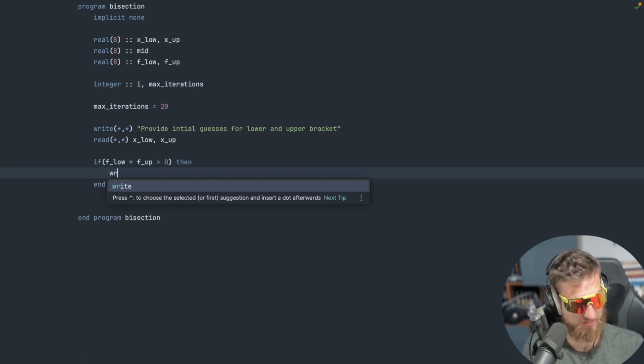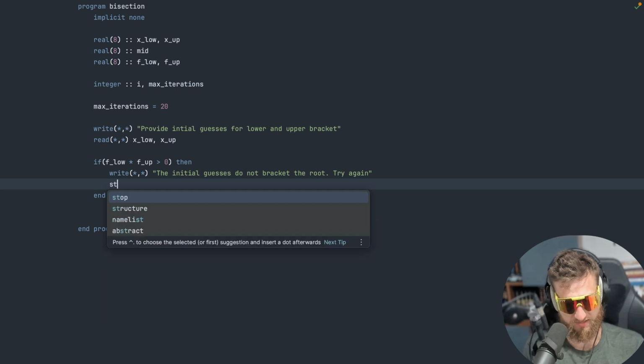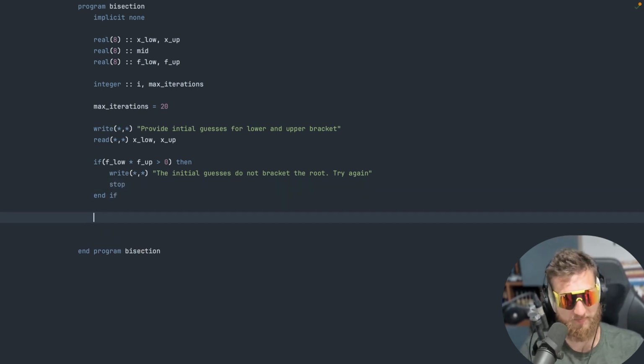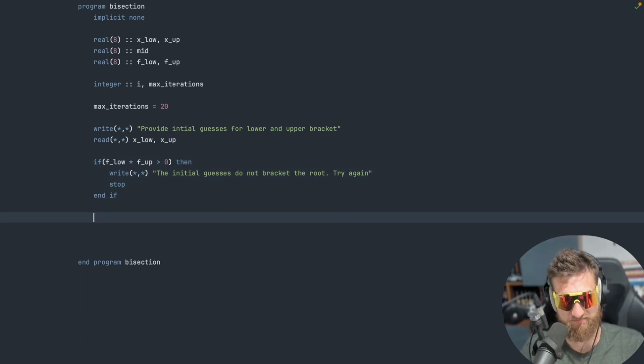So we need to write: the initial guesses do not bracket the root. Try again. We're also going to see a new keyword here, stop, which basically just terminates the program. We could check for 0, on the off chance that someone guesses the root, but it's not the point here, so I'm just going to leave that.